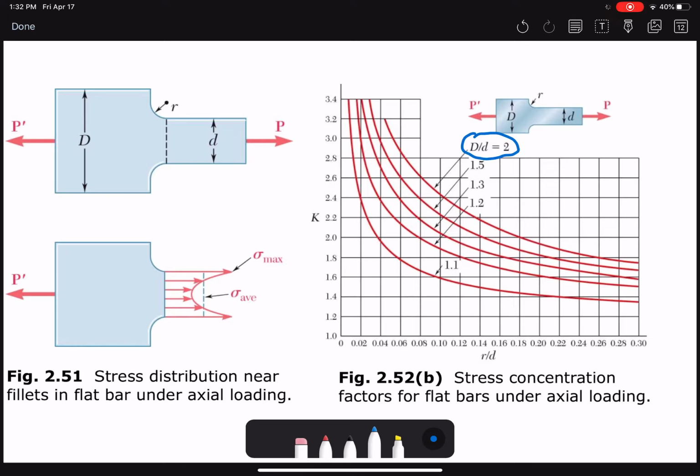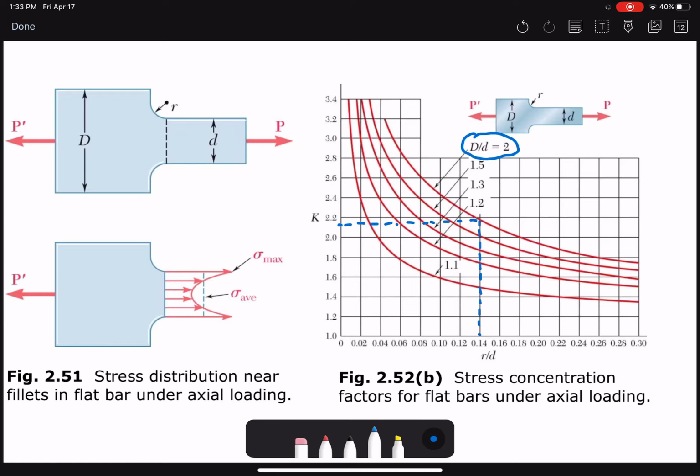So 0.14 is somewhere here, go up to the curve, and then across.